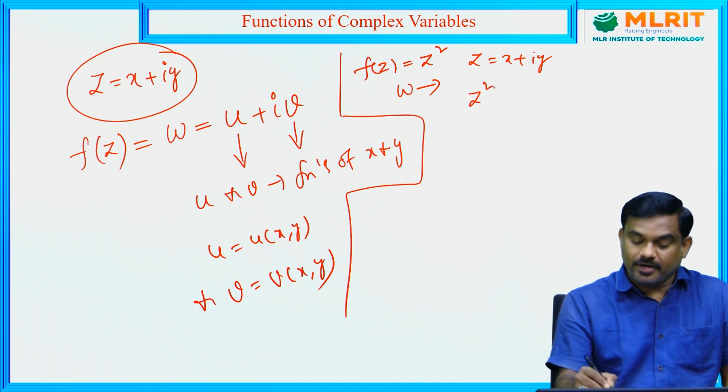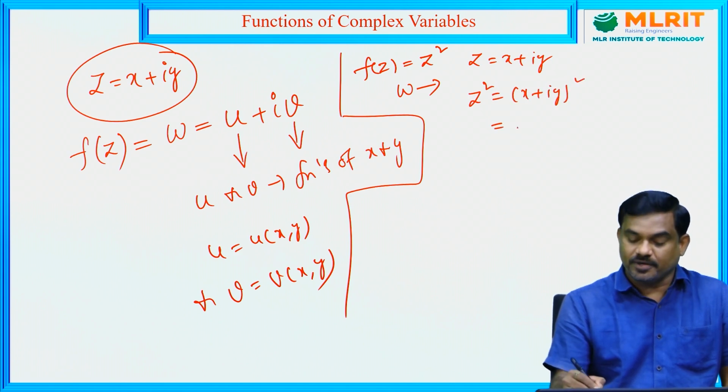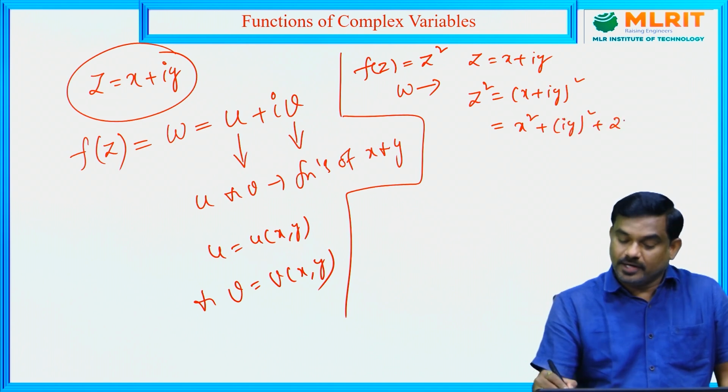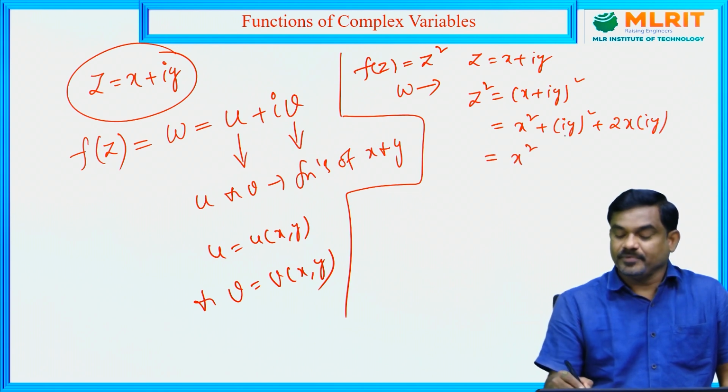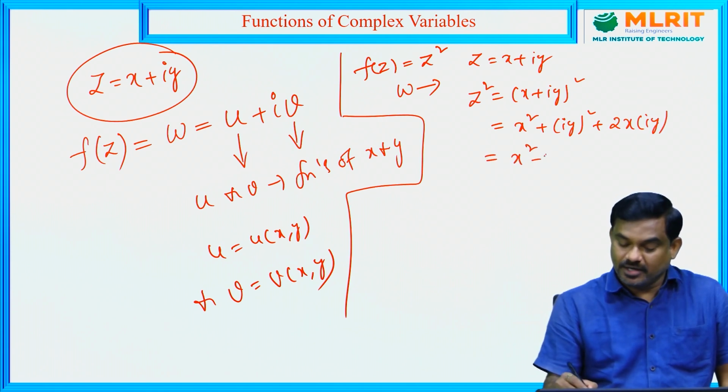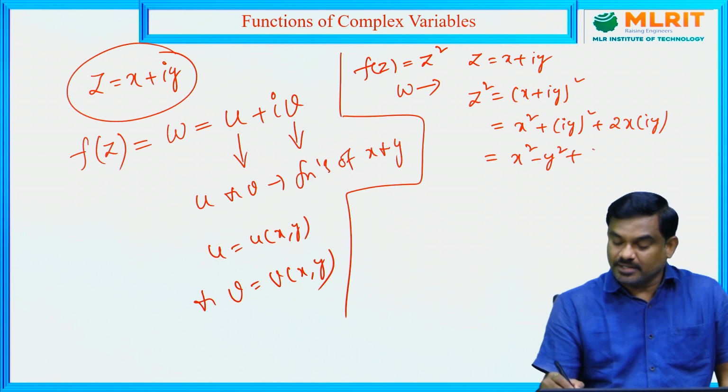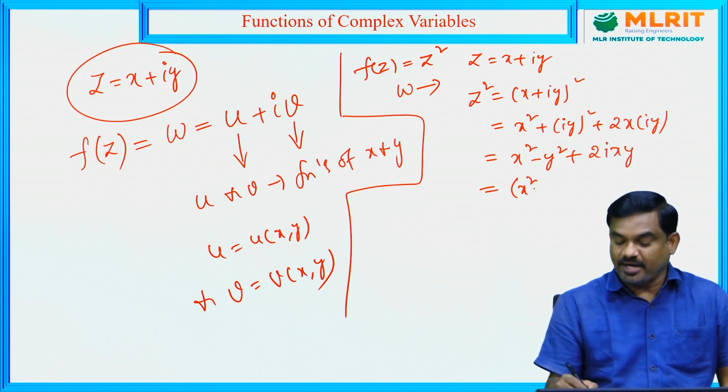Now, z square means x plus iy whole square. a plus b whole square is a square plus b square plus 2ab, x into iy. Here i square is minus 1. So we get minus y square plus 2ixy. This can be written in the form x square minus y square plus i into 2xy.